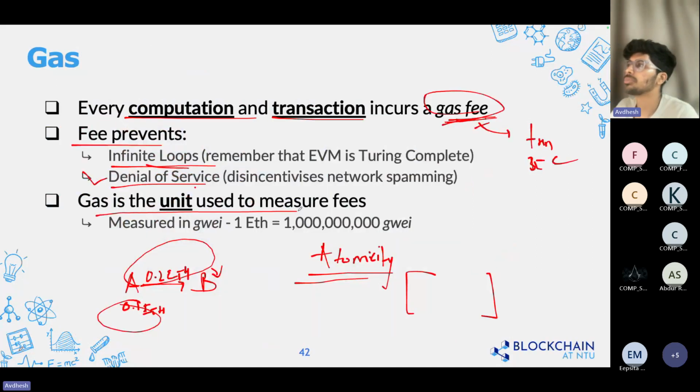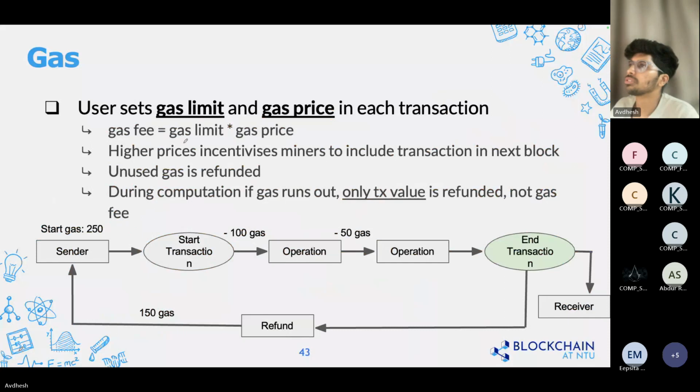And gas is the unit to measure fees as well. So one GUI is, I think, 1 million ETH. The start gas is 250.